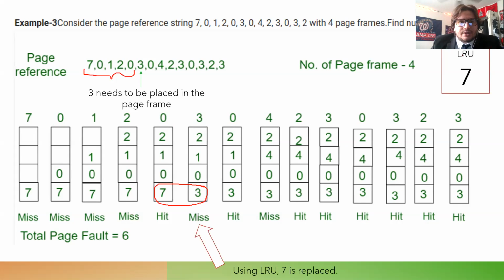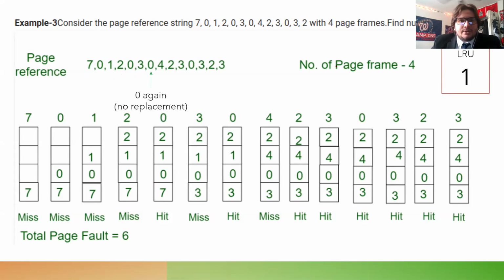Obviously, it's not the least recently used. And so the next least recently used would be 1, because 0 was already referenced. So that would technically be the next least recently used. However, 0 was referenced again. So therefore, it goes to the 1. All right. So now we move on to the next step, with 1 being the least recently used.